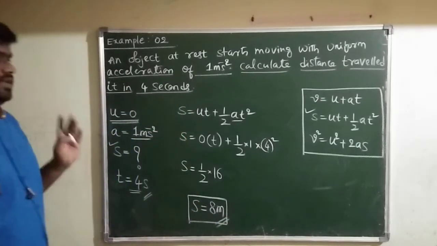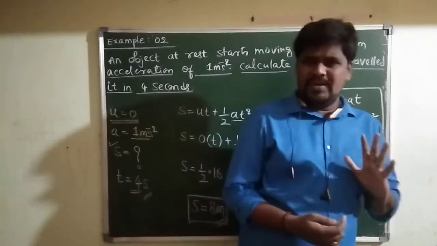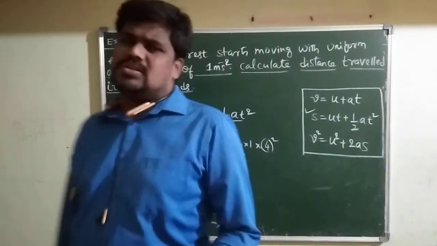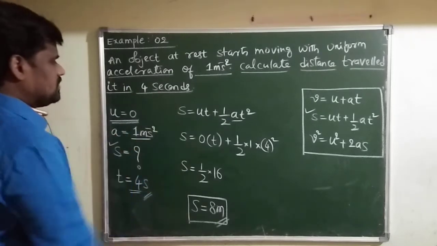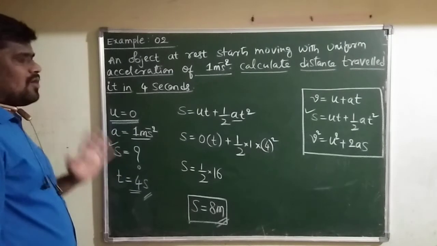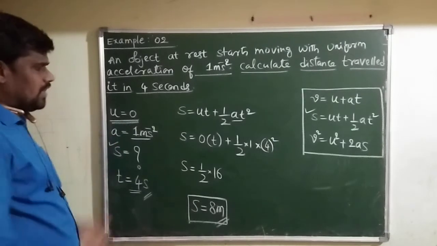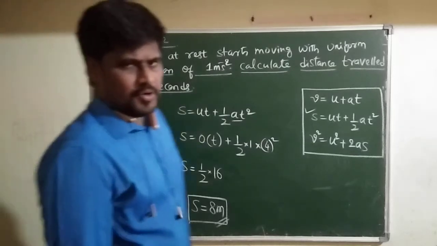The distance traveled by the body is equal to 8 meter. So this is how you can calculate the distance traveled by the body, by using the formula S is equal to UT plus half AT square.